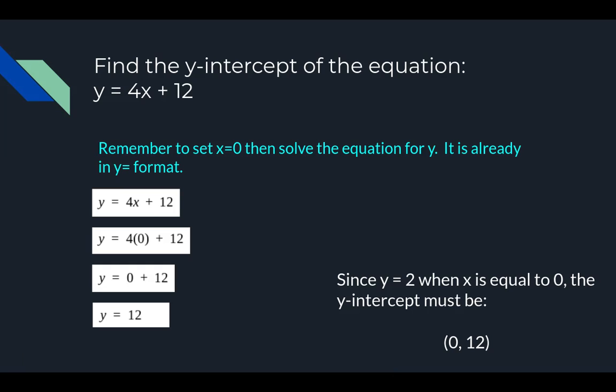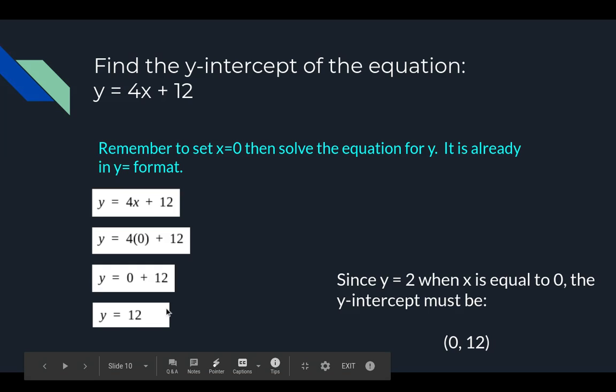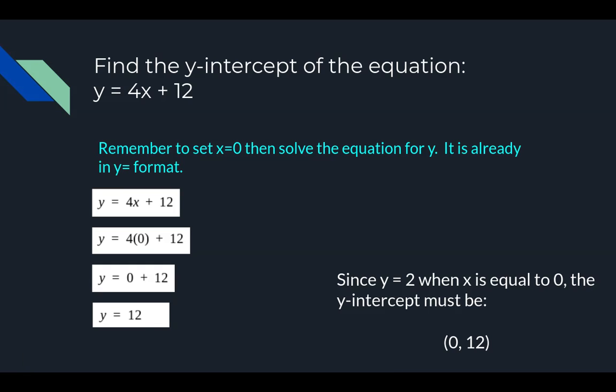Now I'm going to pause here for a second and explain. A lot of my students throughout our last activity, they would only put in the 12 as the answer. And when we're talking about an intercept, we're talking about the point at which the line crosses that axis.